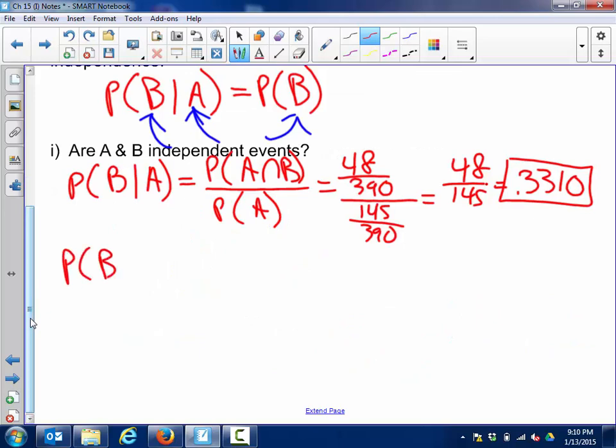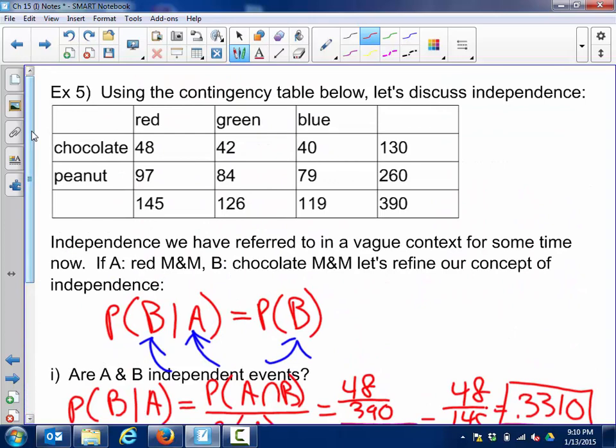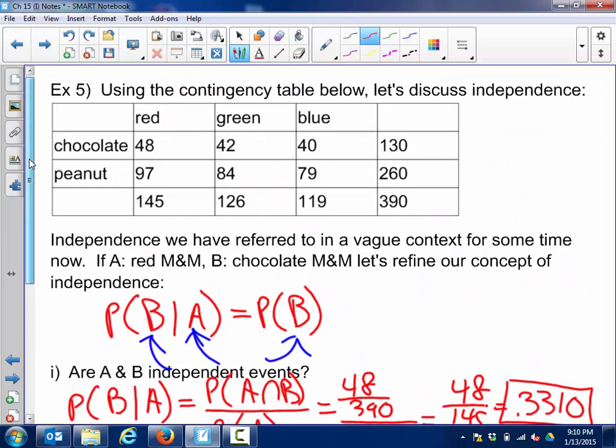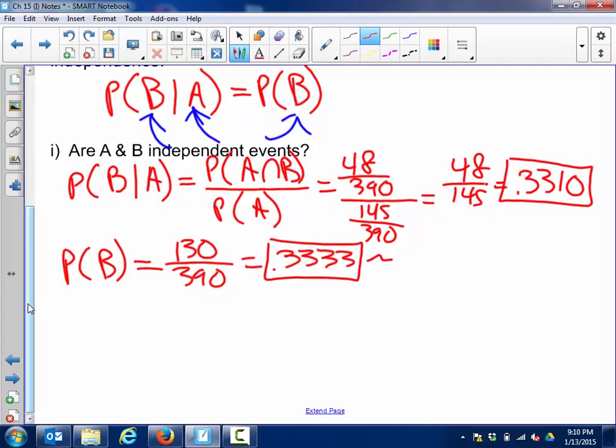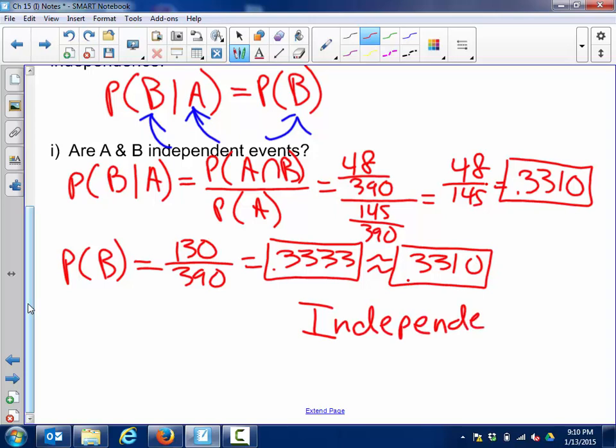Okay, let's see if these are independent events. That must therefore be equal to the probability of a chocolate M&M being chosen. Well, you've got 130 chocolate M&Ms in your cup out of 390 in all, which is a third, 0.3333, and these two things are approximately equal, which is good enough.